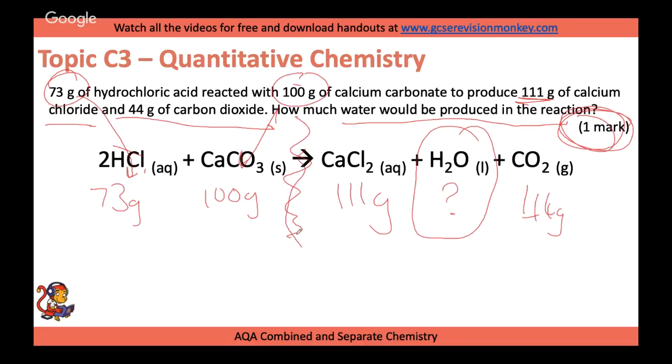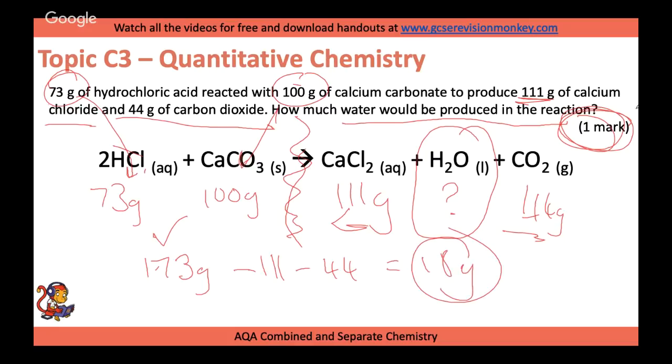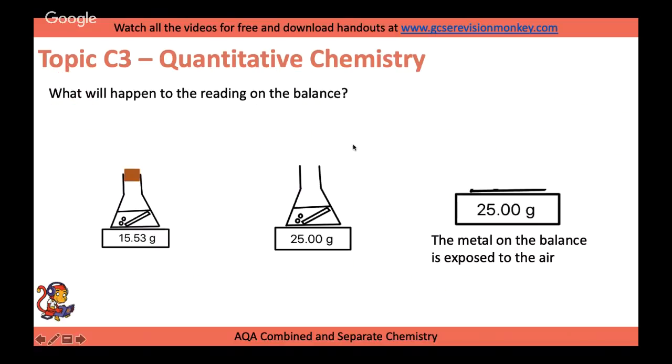And if everything on the left needs to equal everything on the right, reactants equal products, then everything on the right must equal 173 grams, because that's what the left equals. So if you do 173, take away these two, take away 111, take away 44, will give you 18 grams. So just 1 mark, a simple calculation for foundation that they make look very difficult.